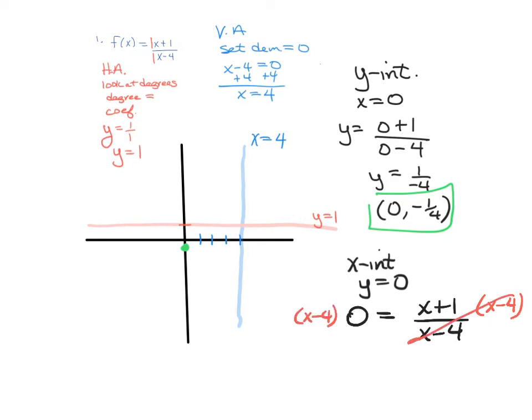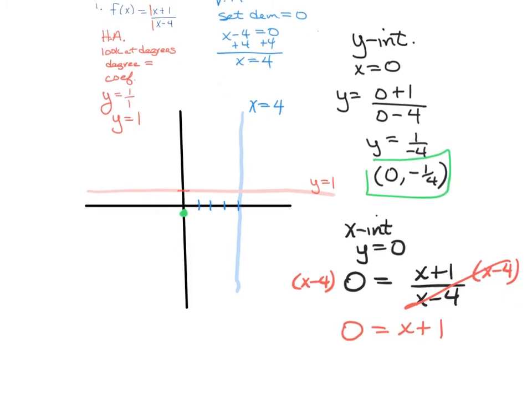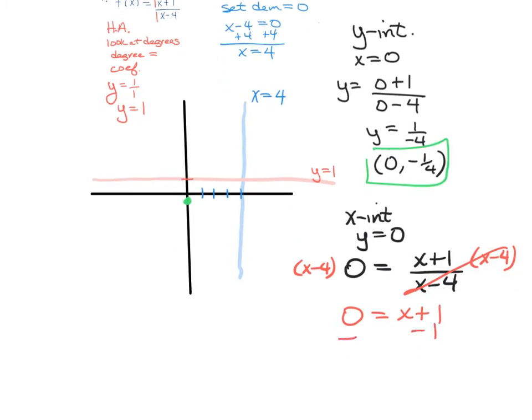This cancels. 0 times anything is 0. And now I solve for x. Subtract 1. X equals negative 1. So my x-intercept will occur at -1, 0. I'll go ahead and put my point right here on -1. Pretty good so far?